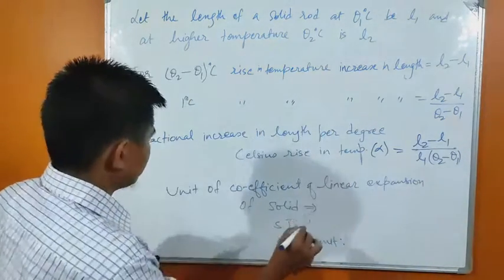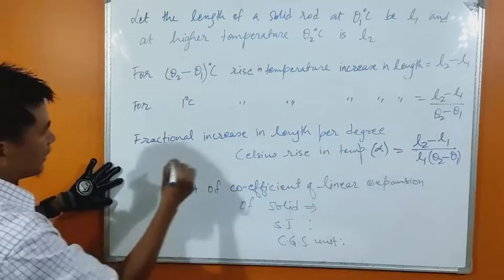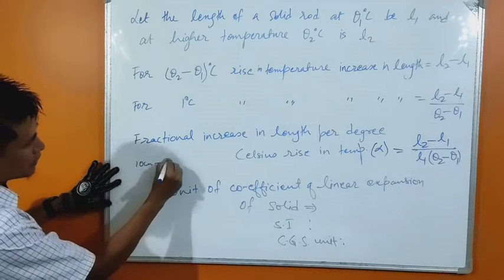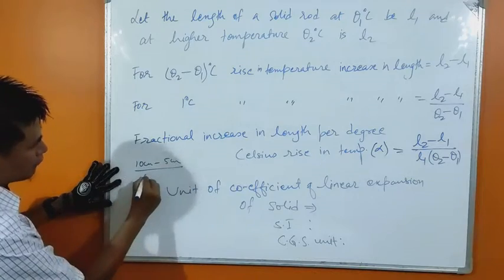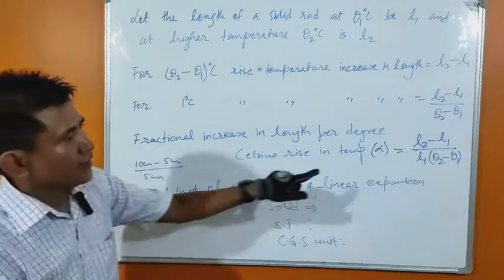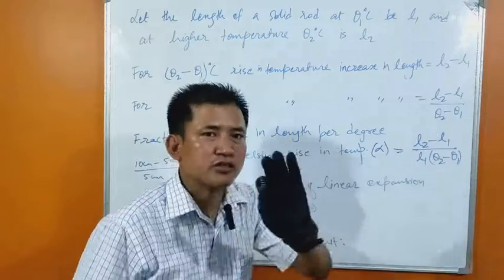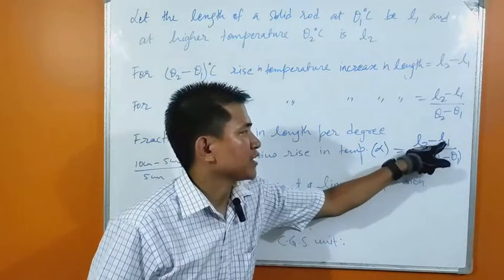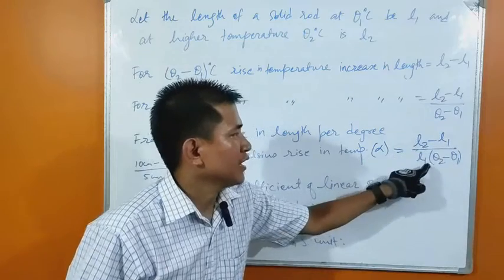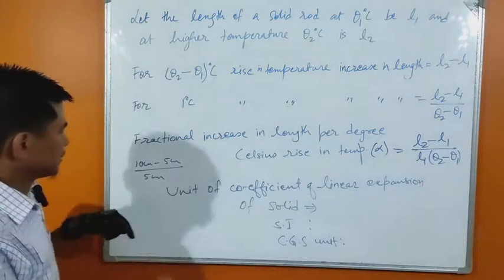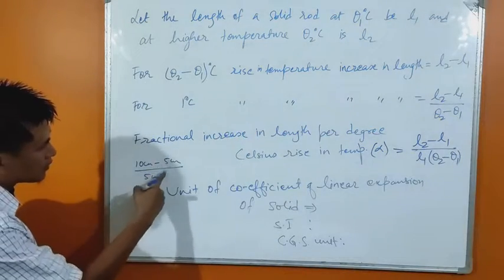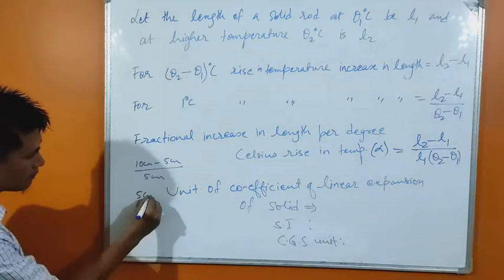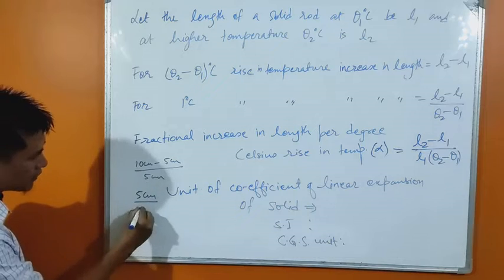Let me make you understand this better. Suppose 10 centimeter minus 5 centimeter divided by 5 centimeter. New length is 10 centimeter minus original length is 5 centimeter, and this original length is 5 centimeter. I am just giving an example. 10 minus 5 is 5 centimeter, isn't it? Divided by 5 centimeter.